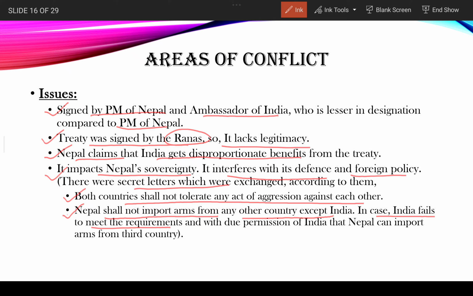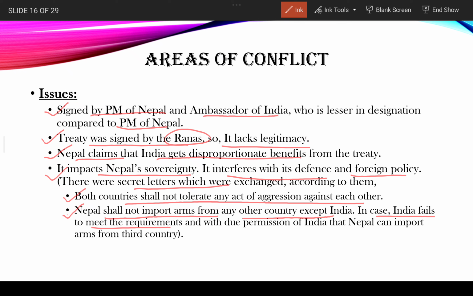Then, the treaty provides substantial benefit to Nepalis to seek employment in India, so they would not want a drastic overhaul of the treaty. This is also a point in India's favor: even if they want to revise this treaty, we know that it's providing a lot of economic opportunities to the Nepalis. So even they would not want a drastic overhaul, a complete change of the treaty. They would also not want it.